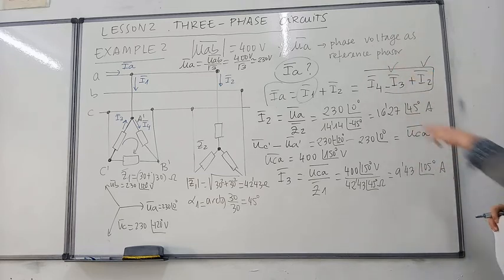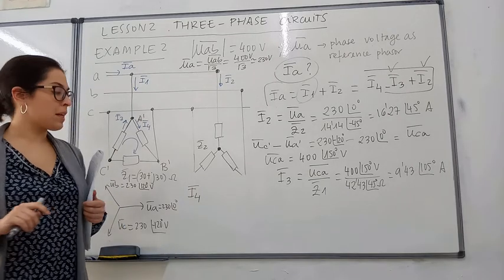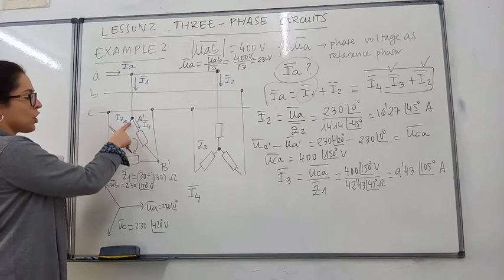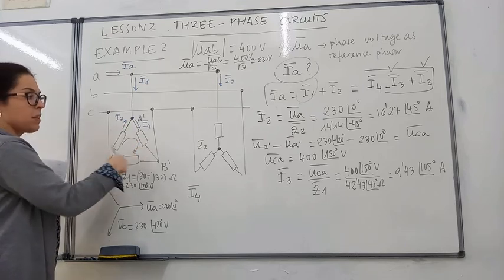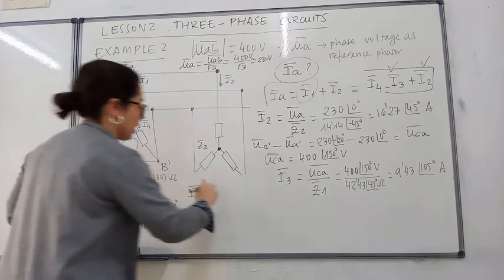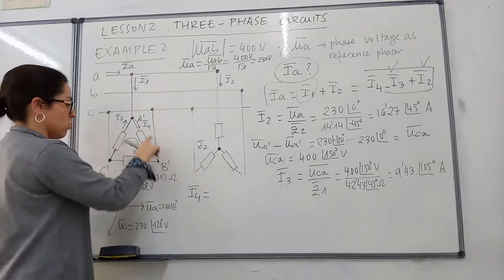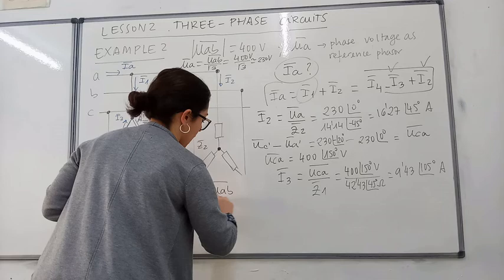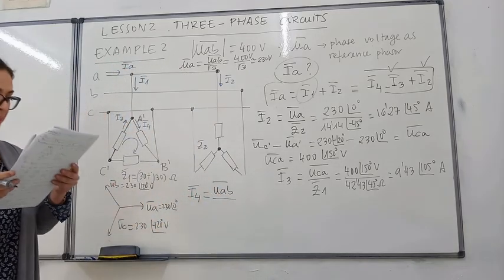What else do we need? Okay, we need current 4. In order to get current 4, we need to know the voltage in this side of the triangle. In this case, this voltage is going to be voltage A prime minus B prime, which is the same as line voltage AB.